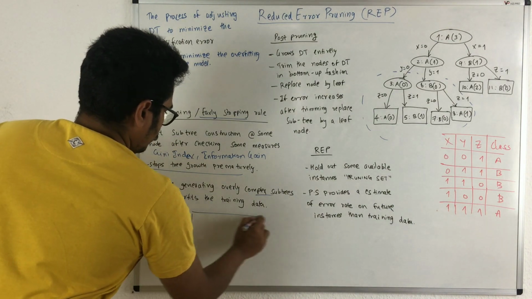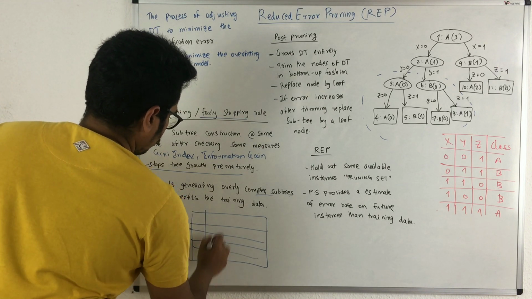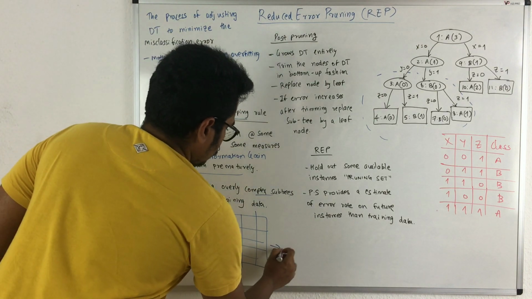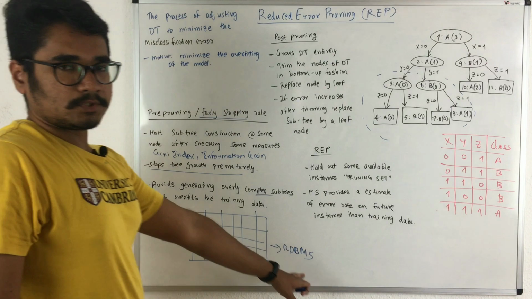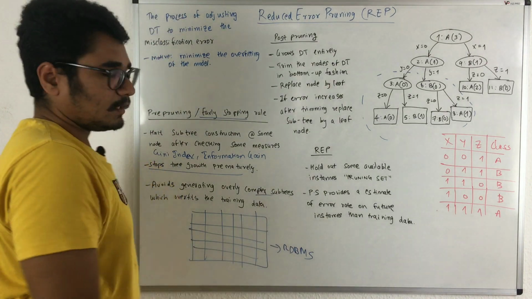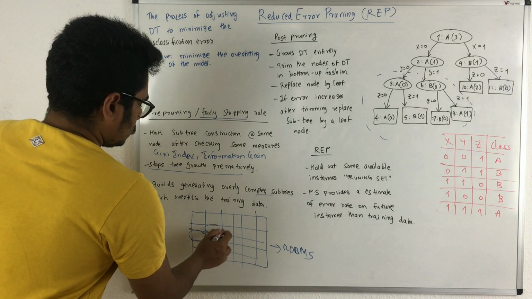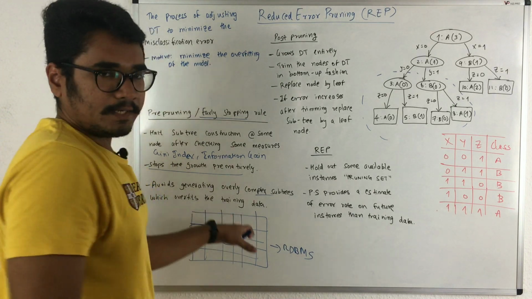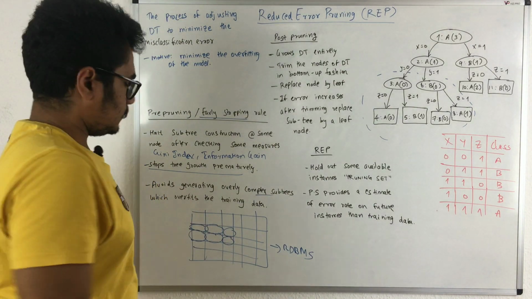We know that our data set is divided into n rows and n columns. This table will be a relational DBMS; I am not going into much of the DBMS concept. In this, rows are called tuples and columns are called attributes.